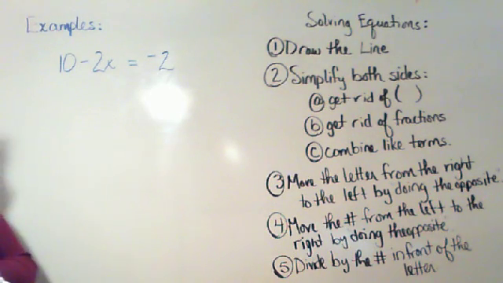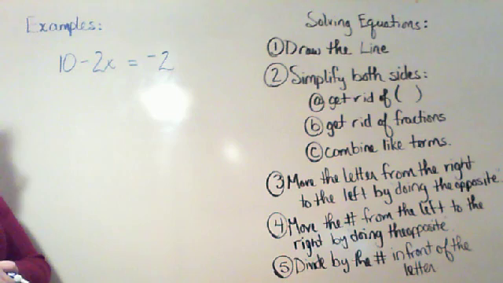I'll give you a few seconds. All you have to do is hit pause. Go ahead and attempt it. Even if you don't get it right or aren't sure if it's right, go ahead and attempt it. And then when you're done trying, you can hit play again.